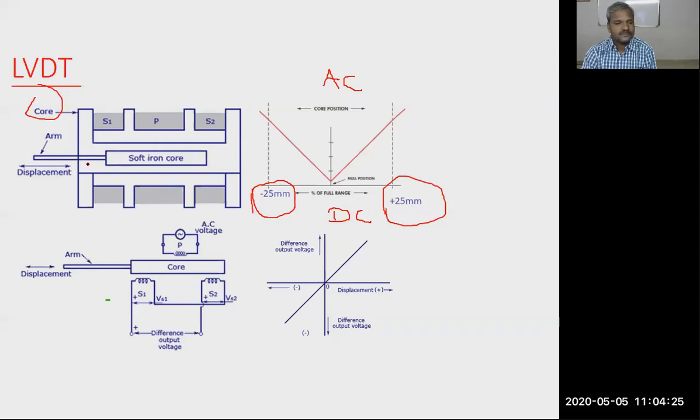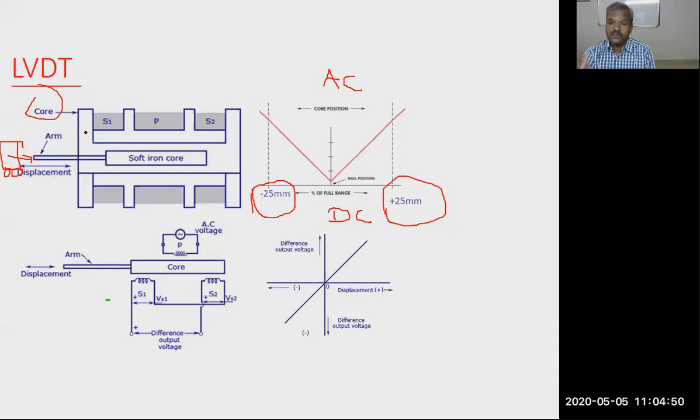This is connected to the object whose displacement we intend to measure, like a camshaft in CNC machines. The camshaft is accurately measured using LVDT modules, LVDT sensors.